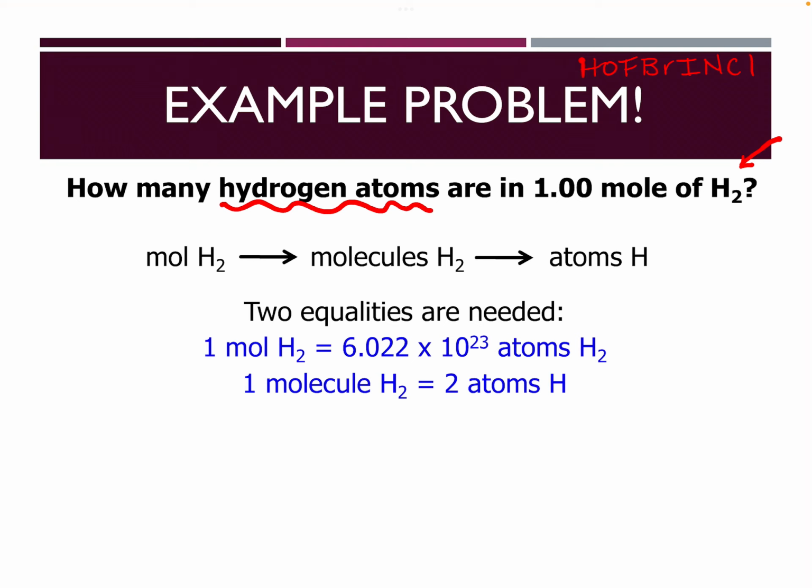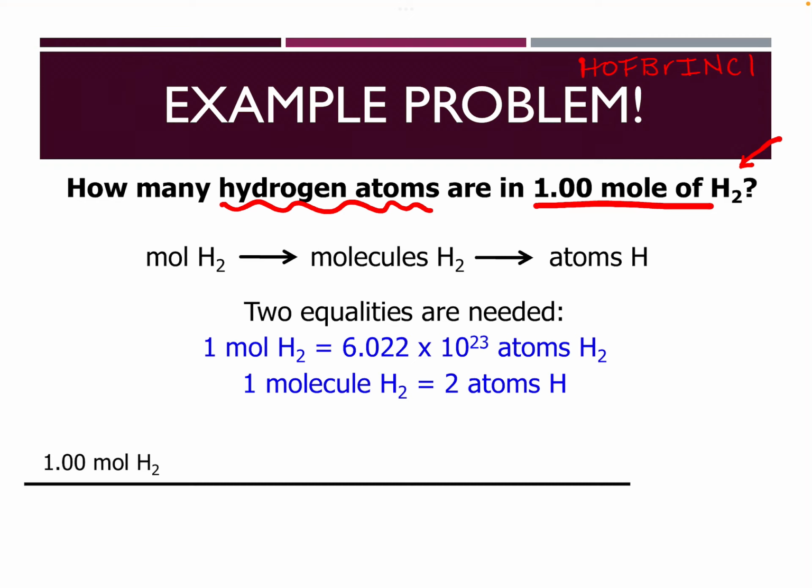All right, so let's set this up. We start with 1 mole of hydrogen in the beginning of our train track. In order to convert to individual hydrogen atoms from moles, first we need to figure out how many molecules there are. We know how to go from moles to molecules because we've been doing that earlier, right?